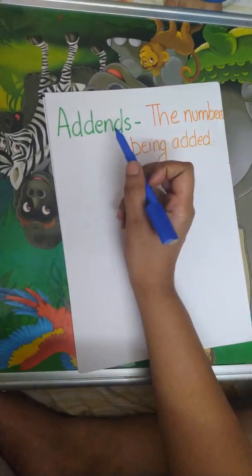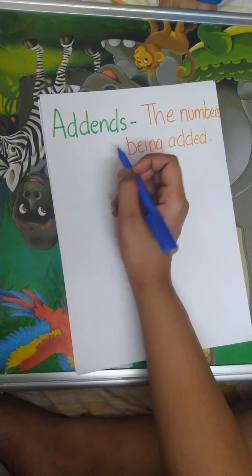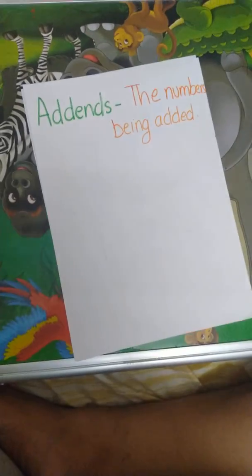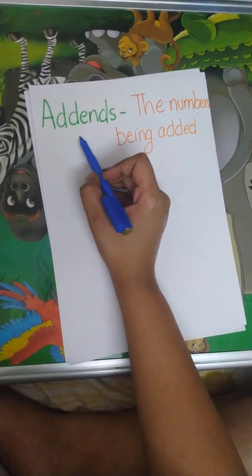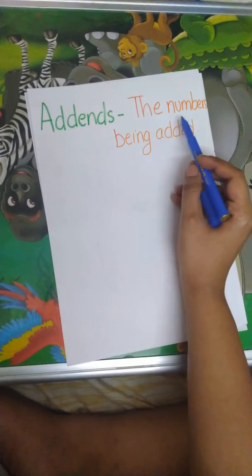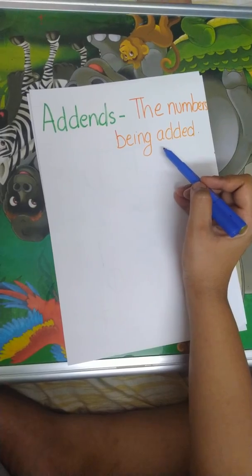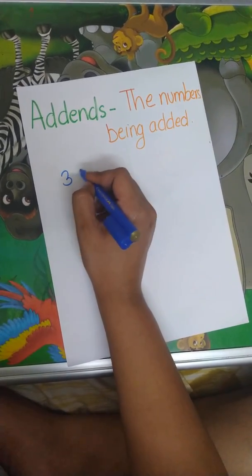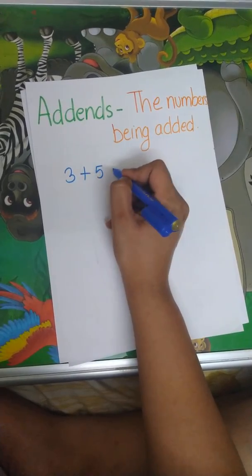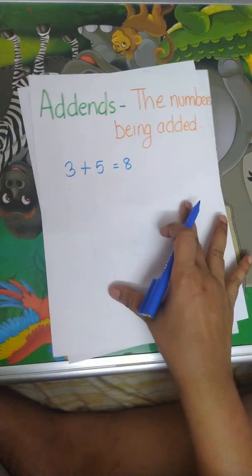So, here is today's topic. Before beginning with the addition, you must understand what addends are. Addends are the numbers being added. Simple example: 3 plus 5 is 8.